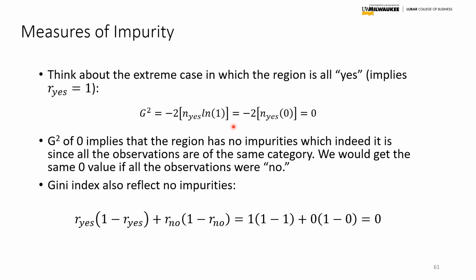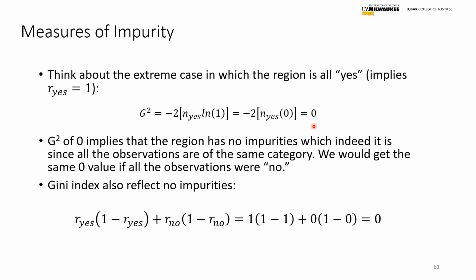Don't overthink this. It works out just fine. The G squared is a legitimate measure, and the condition of dealing with the 0 case is a legitimate approach. Okay, we would get in the end minus 2 times the number of yeses times 0, because the natural log of 1 is 0, which in the end gives us 0. This implies a region has no impurities, which is indeed the case here with being all yeses.